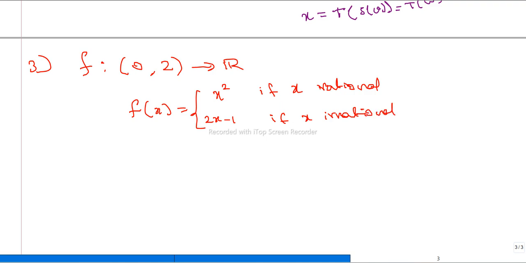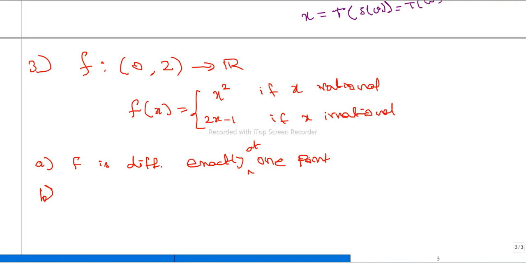Now which of the following is true? First, f is differentiable at exactly one point. Second option, f is differentiable at exactly two points.